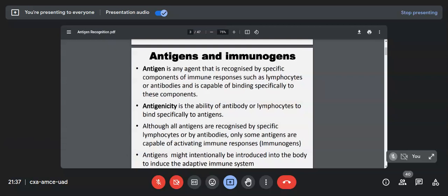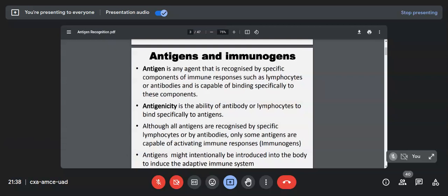An antigen is an agent or a molecule that can bind to the receptors of a lymphocyte or an immune system cell and can induce what we call antigenicity. So what does the term antigenicity mean? It is basically the ability of an antibody, if it's a B cell, or a lymphocyte, if it's a T cell, to bind specifically to antigens.